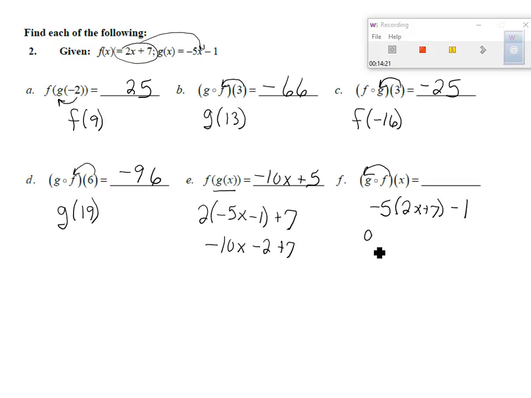So guys, I'm really finding g of 2x plus 7. Now let's simplify that. Negative 10x minus 35 minus 1 more. Negative 10x minus 36. Okay, so 1 and 2 were kind of easy.